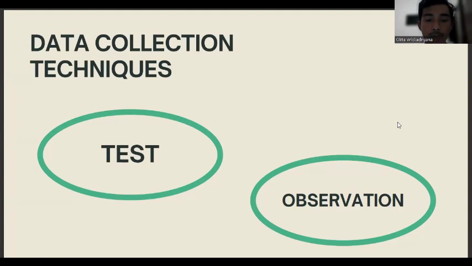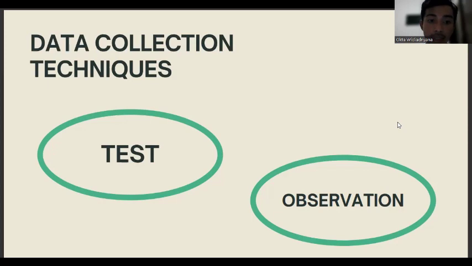Okay, next slide about the data collection techniques. The research uses two data collection techniques, namely test and observation. For the test, the researcher uses a writing test. The purpose of the written test is to obtain data about students' abilities in writing narrative text.